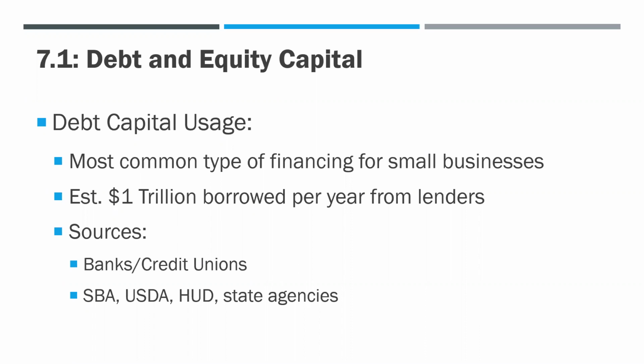This year during the pandemic, that amount has definitely increased because there was the offering of PPP loans and the economic injury disaster loans, the EIDLs, that small businesses were being offered. So that 1 trillion has definitely gone up this year, possibly even by many times even that.